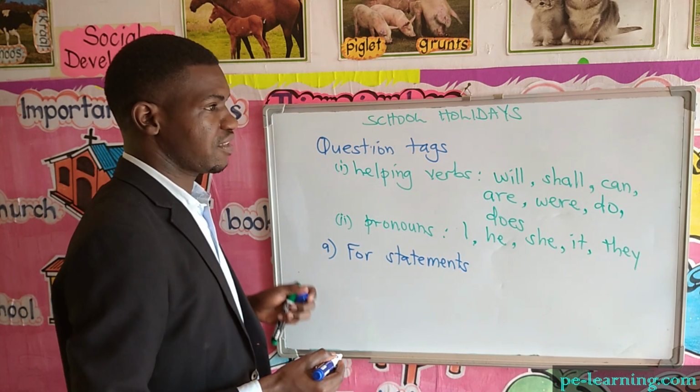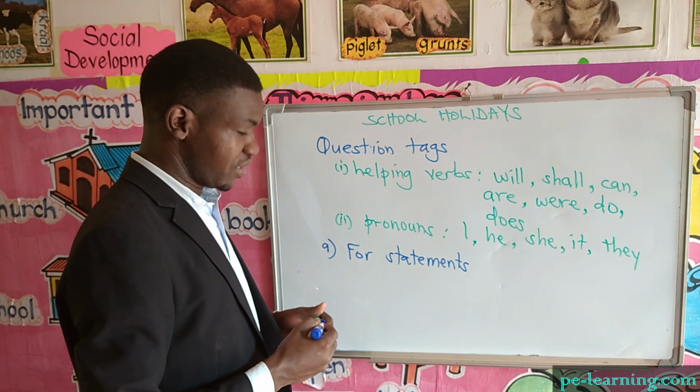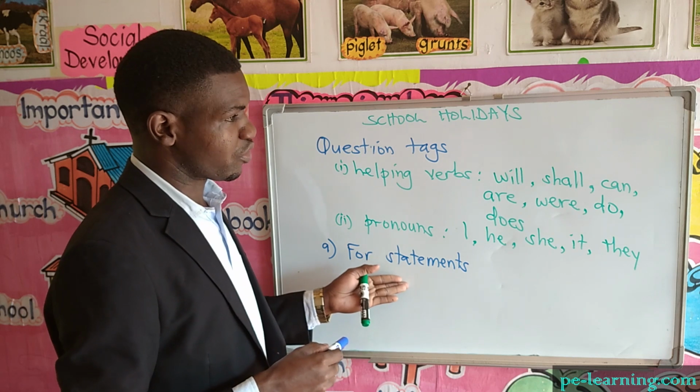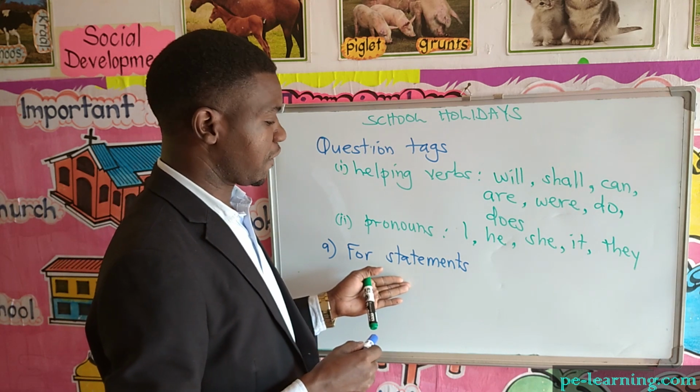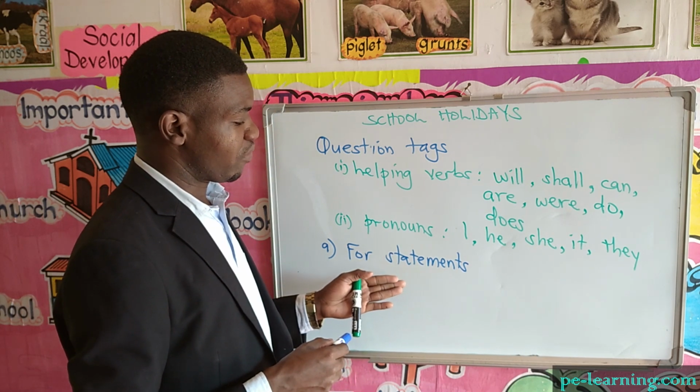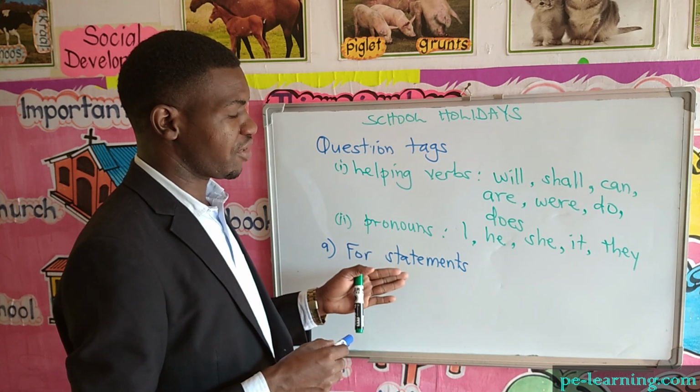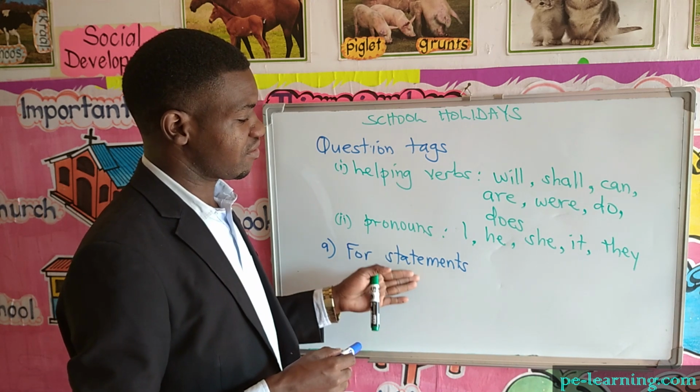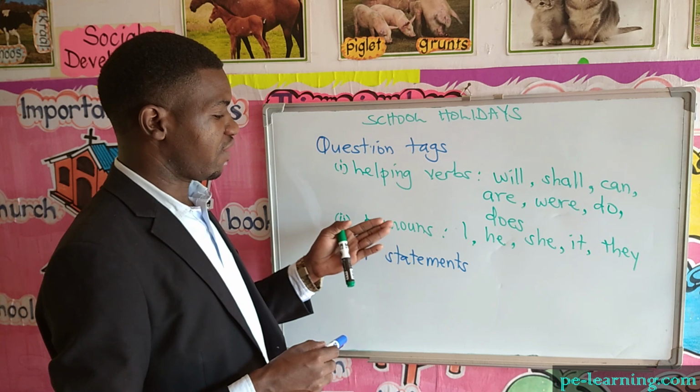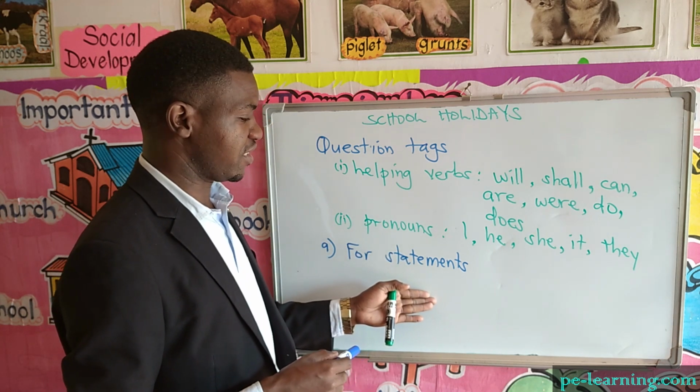For statements. What do I mean by statements? This may not require anything to do with the special words, but it's basically statements that are having the subject, which may be in form of a pronoun, and then the helping verbs directly.